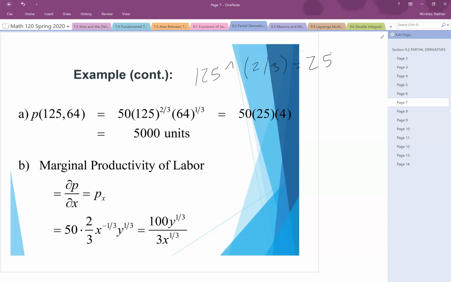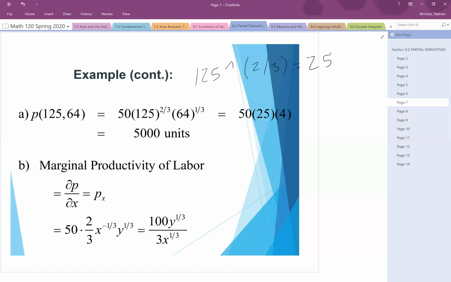So the marginal productivity of labor is going to be our partial derivative with respect to X, because that's our production. So by taking the derivative of 50x to the 2/3 y to the 1/3, we're going to leave y as a constant.